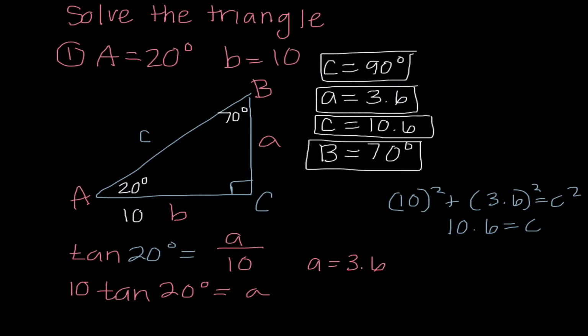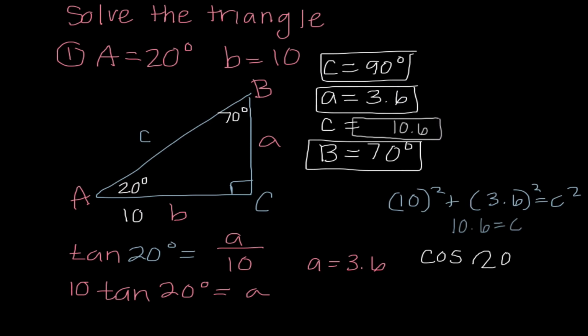The other way that we could have done it, we could have used another trig function. For example, I could have done cosine of 20 degrees is equal to the adjacent over the hypotenuse, so 10 over C. And this is a good way just to practice how do we isolate something if it's in the denominator.